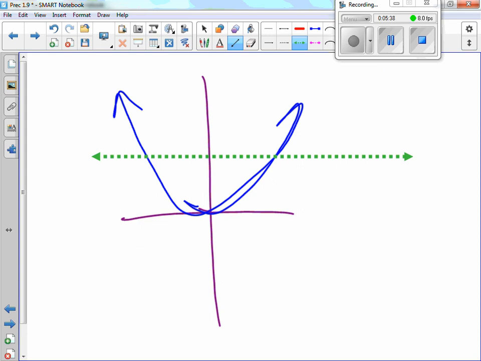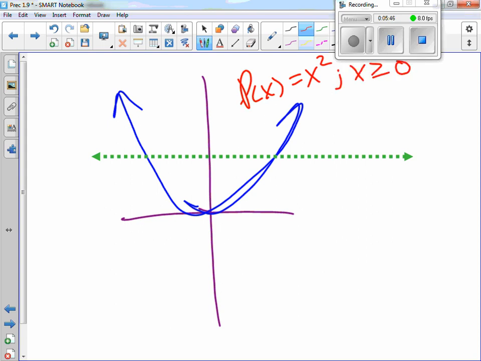However, if we said, we'll just call this the basic quadratic, semicolon, x is greater than or equal to 0. What does that mean? It's only talking about the points from here this way, yes? So this half doesn't exist anymore. Does it pass it now? Yes. So there are some functions we can have an inverse with as long as we restrict it to certain values.